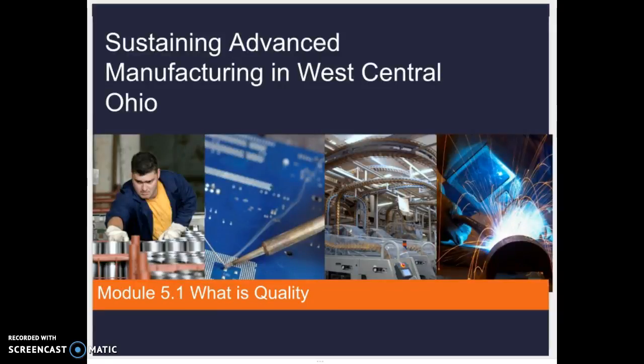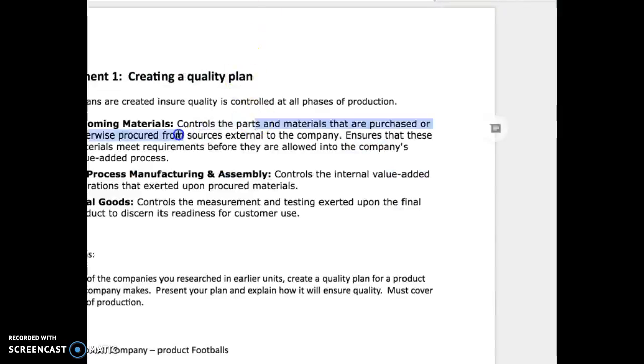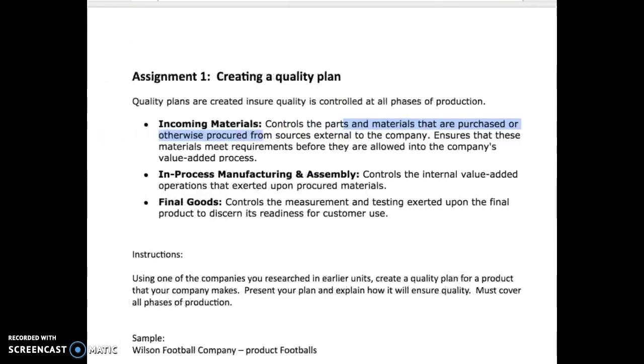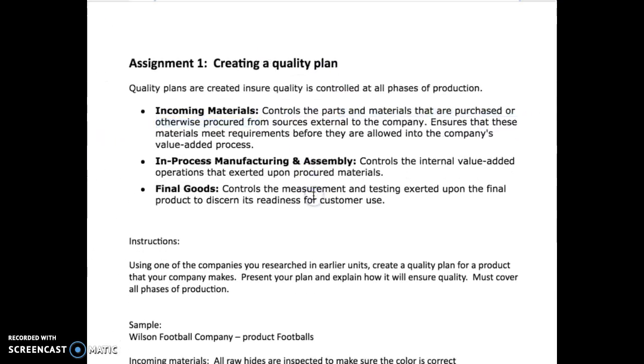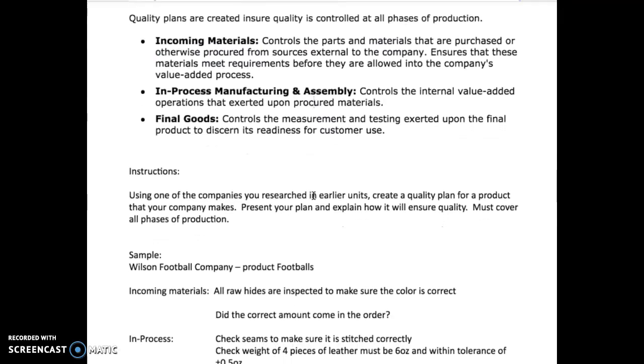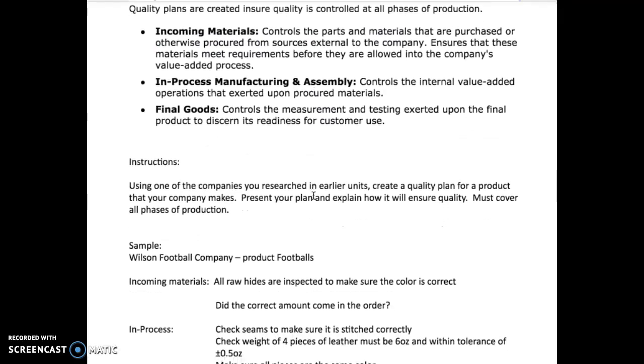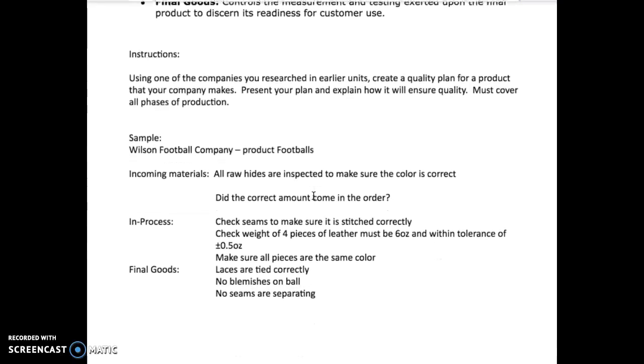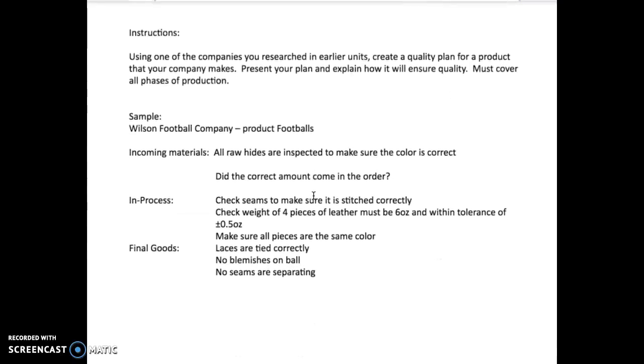You are now going to move into Assignment 1, which is creating a quality plan. As you read through this assignment, quality plans are controlled in all phases of production. You are going to use one of the companies you've been researching or you and your group have been researching and create a quality plan for a product.